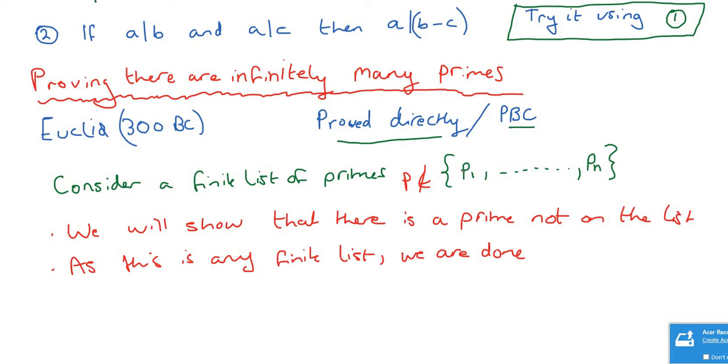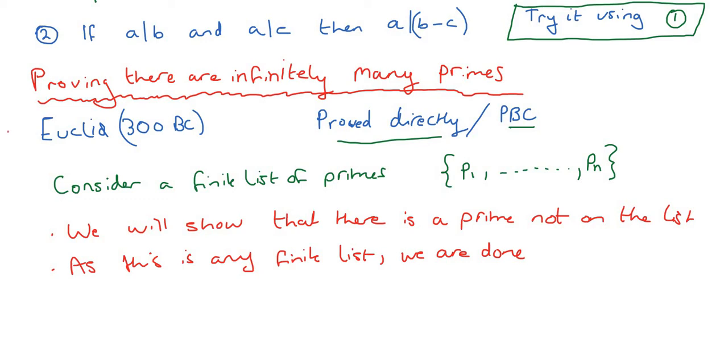Then, because we can take this finite list of primes to be as big as we want, this will prove the statement that there's infinitely many. Now, where a lot of people get a bit confused is they start off by assuming that there's only a finite number of primes, and then they argue that contradiction solves it.